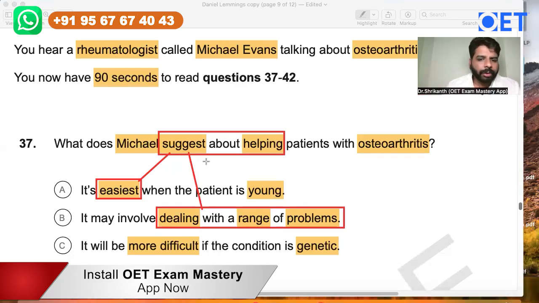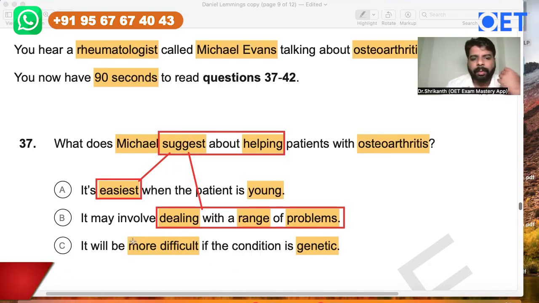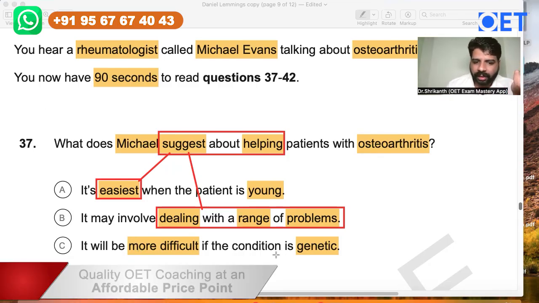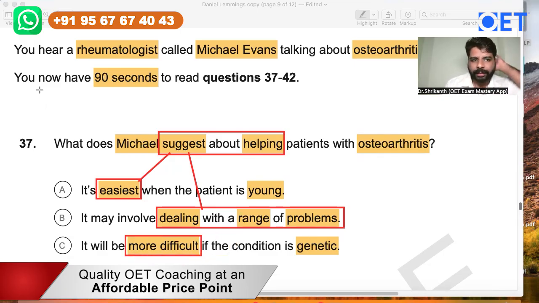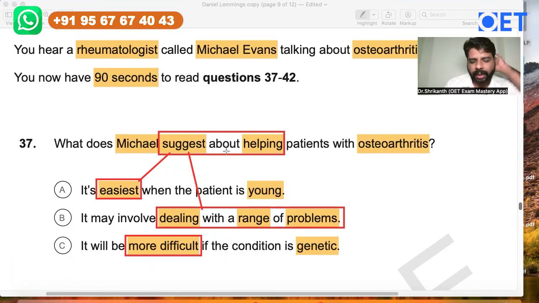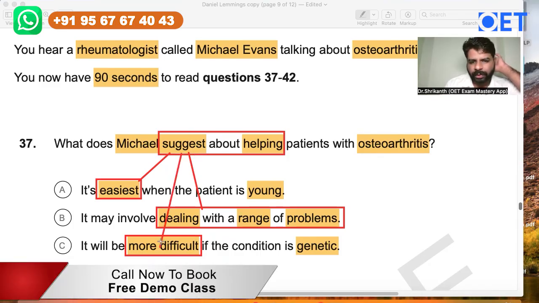And let's come to answer option C. C is telling us it will be more difficult if the condition is genetic. This is exactly the opposite of A. It is going to be more difficult if the condition is genetic. Now he is talking about the difficulty. Here again, it's a very tough question. Maybe in easy questions, this becomes a little easier to understand.